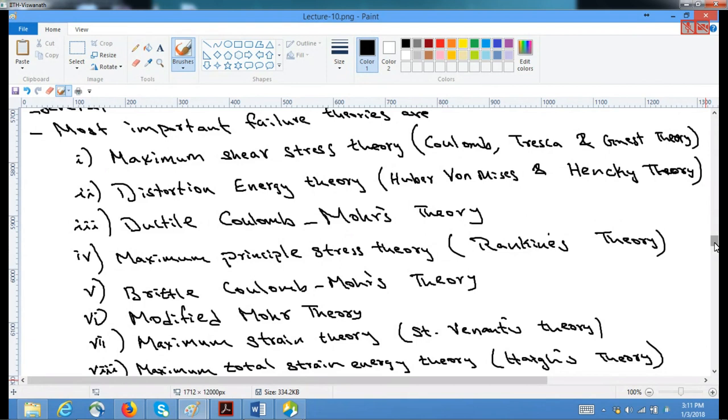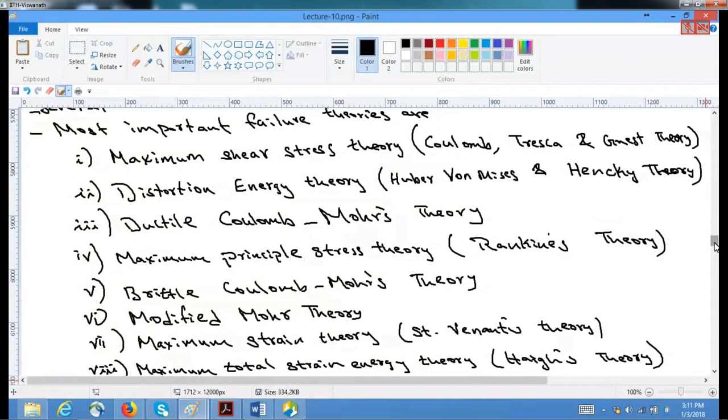Similarly, the same metal, when it is subjected to very high temperatures, such as in the combustion chambers of aero engines, flows under the influence of the load, and the distortional theory would fail. So you need to understand that there is no one single universal theory to predict the failure.